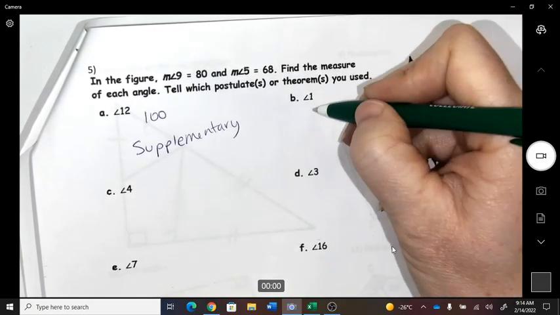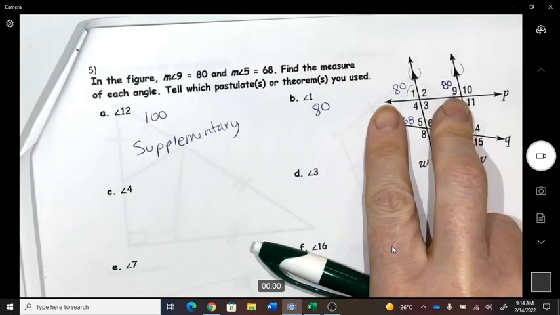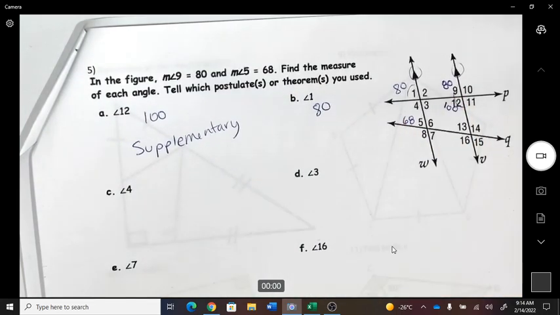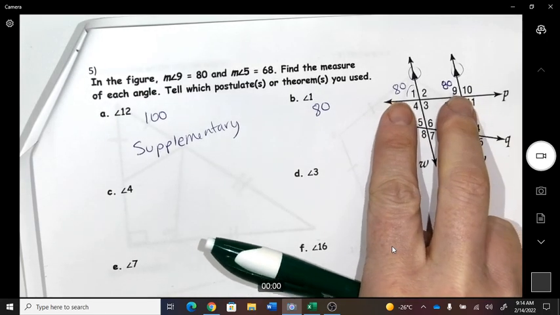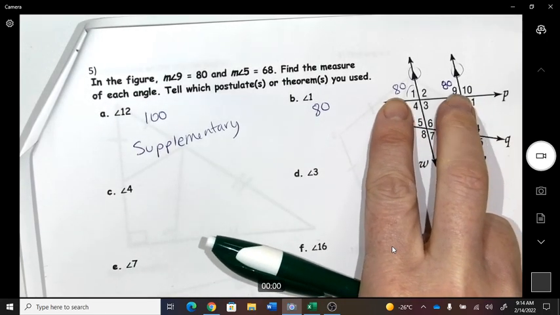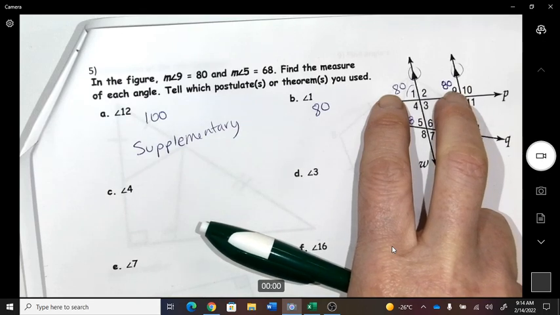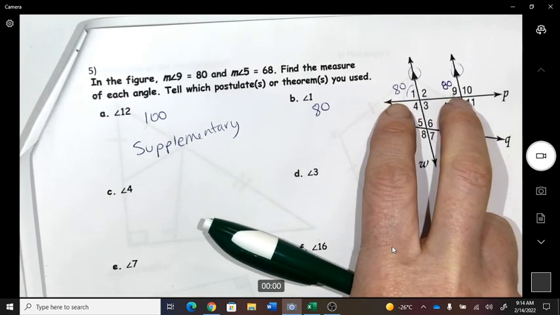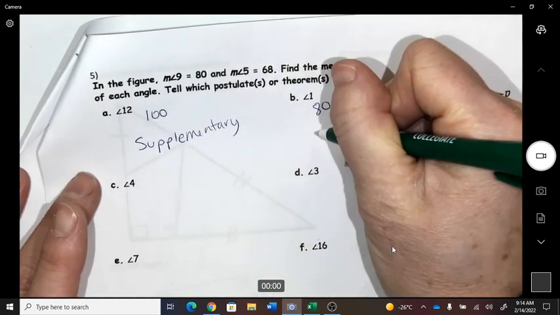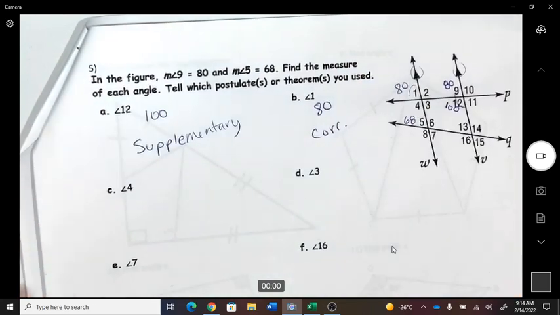It's 80. So why would I know that it's 80? Is there a reason? What's that terminology reason? 1 and 9 are what with each other? What's that relationship? Corresponding. They're both in the same locations, left upper.